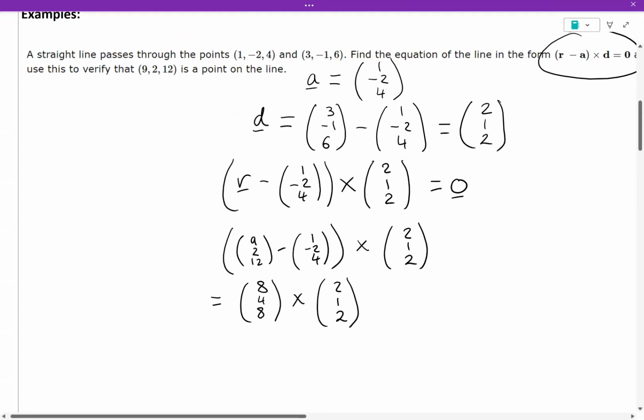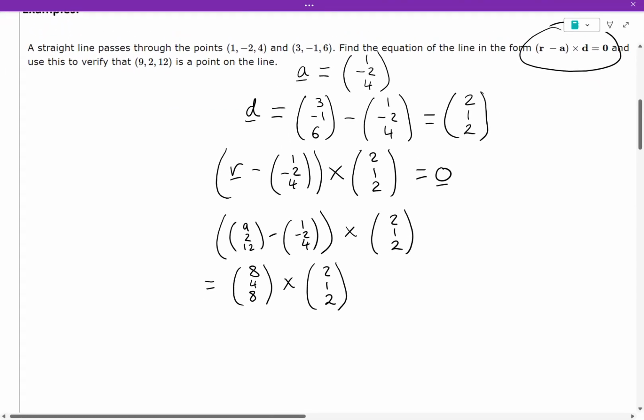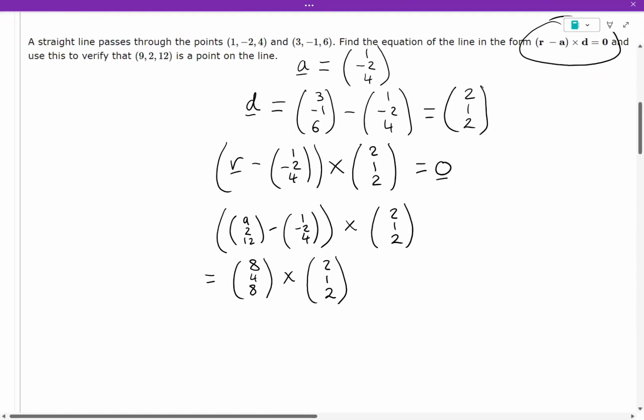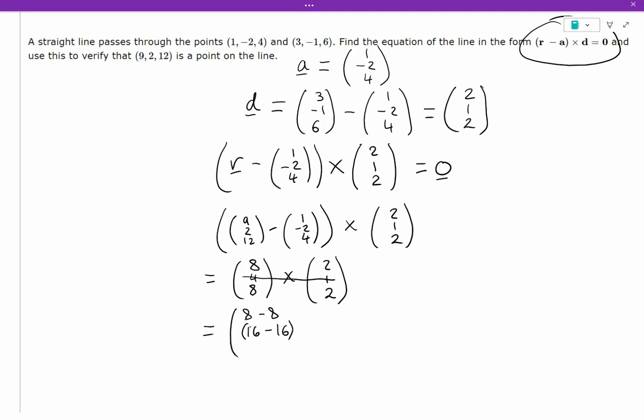There's two ways we could approach figuring out whether it's equal to the zero vector. The first way is to actually calculate the cross product. Ignoring our top line, 4 times 2 is 8, subtract 8 times 1 is 8, so that looks pretty good. Then ignore the middle line: 8 times 2 is 16, and 8 times 2 is 16, which we subtract, and we do the negative of that.